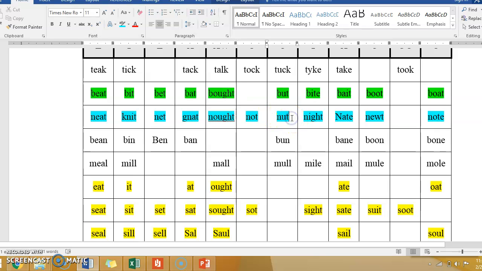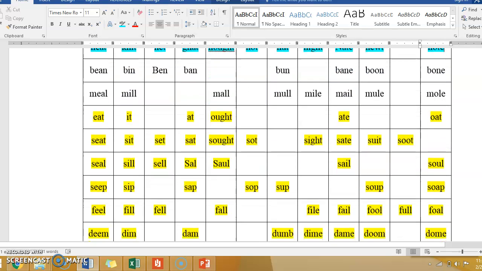Nut, you see the not, the nut. Night, good night, same word. Nate, long A. Newt, like boot. And note, long O.